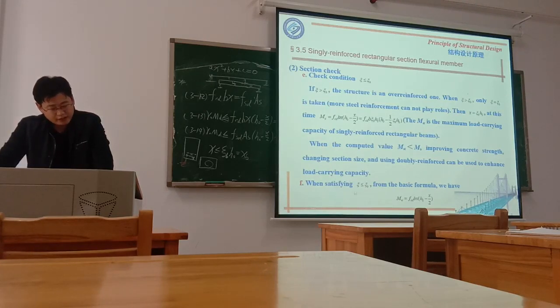When satisfied, then from the basic formula, Mu equals fcd b x (h0 minus x over 2). Actually we use the same formula, just x differs.